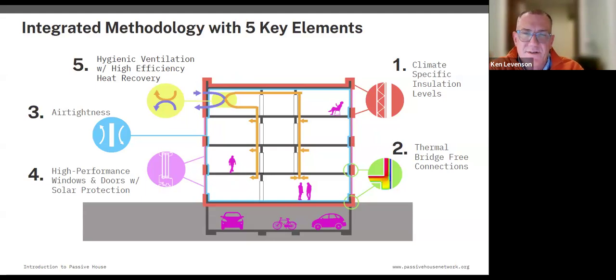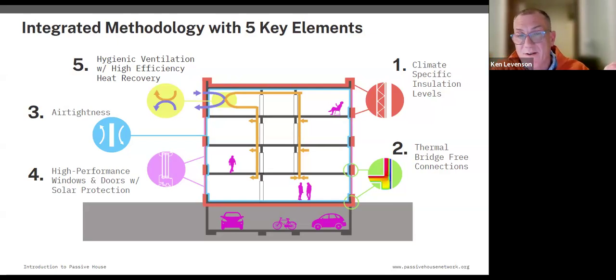So climate specific insulation levels, typically it's going to be a little bit more than code, but not necessarily. And certainly in a climate like Southern California, depending on the climate specifics and the building specifics, it's quite possible to get away with de minimis insulation.